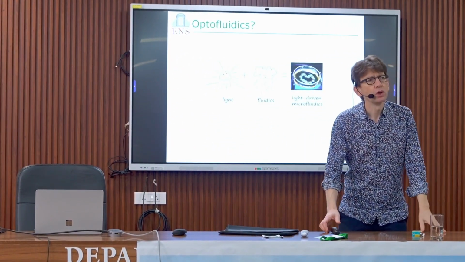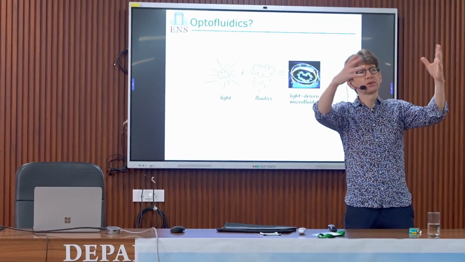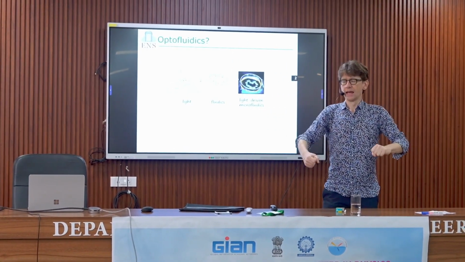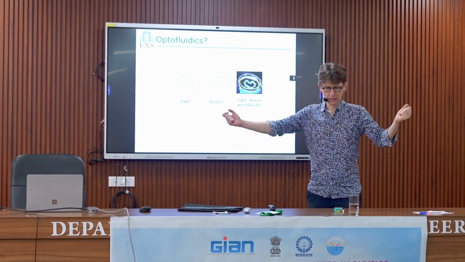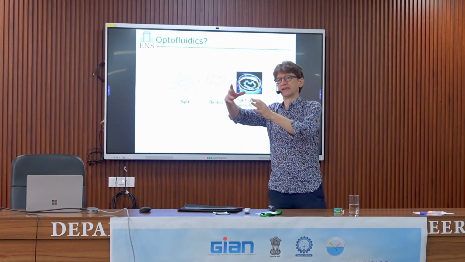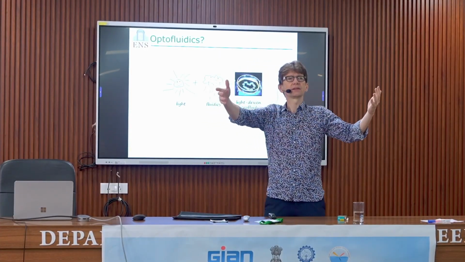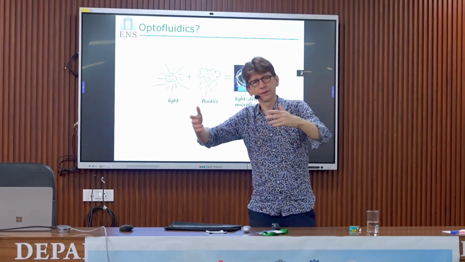There were people who said, let's, instead of controlling light with solid state materials like lenses, control light using liquids. So for example, I have a channel and I have a liquid, and I will use this liquid as an optical guide. And I will use liquid, for example, to make a laser.